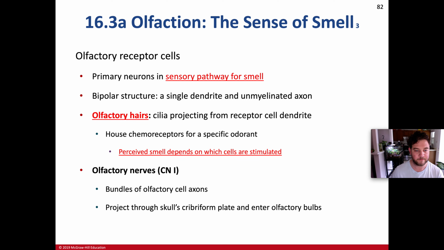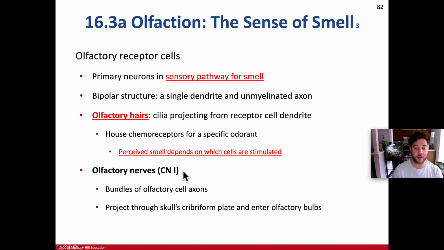Because remember, these are housing chemoreceptors for a specific odorant. So these are going to be very, very small hairs that will perceive smells depending on which cells are stimulated. So depending on which of these cells on the olfactory hairs are stimulated will determine which pattern of nerve signals get sent to the brain to interpret smells.